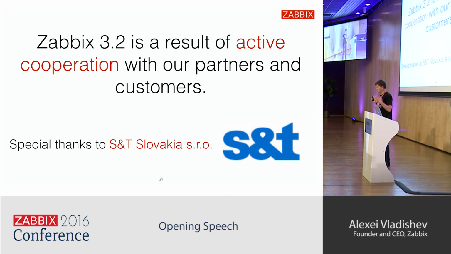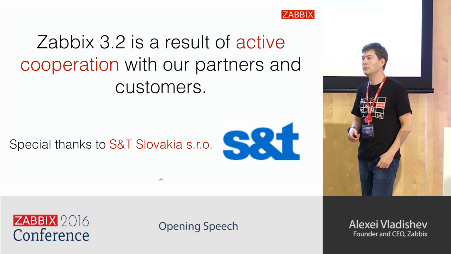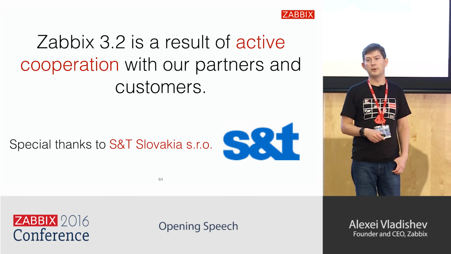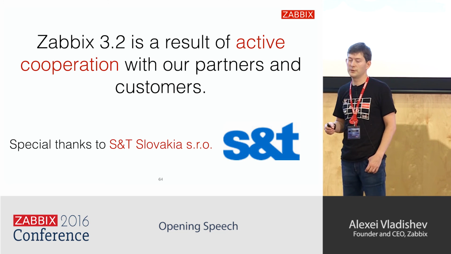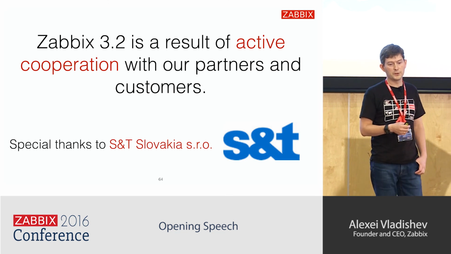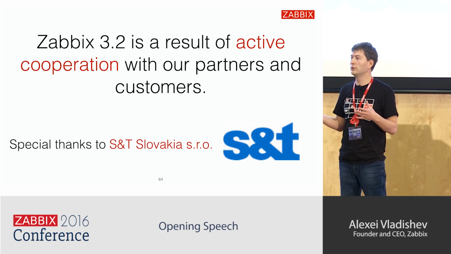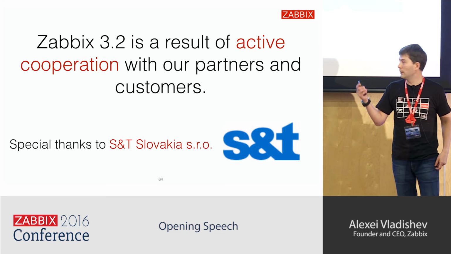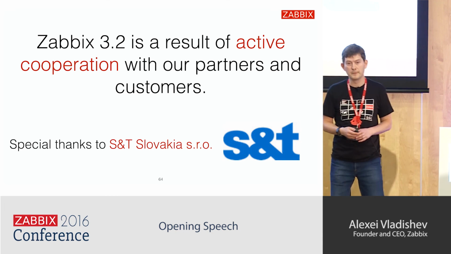A big portion of the functionality we implemented in Zabbix 3.2 was supported by S&T Slovakia, which is our very good partner. This company has very nice experience migrating large enterprise customers like telcos and financial companies from expensive monitoring solutions from well-known vendors to Zabbix. Well, thank you very much to S&T Slovakia.